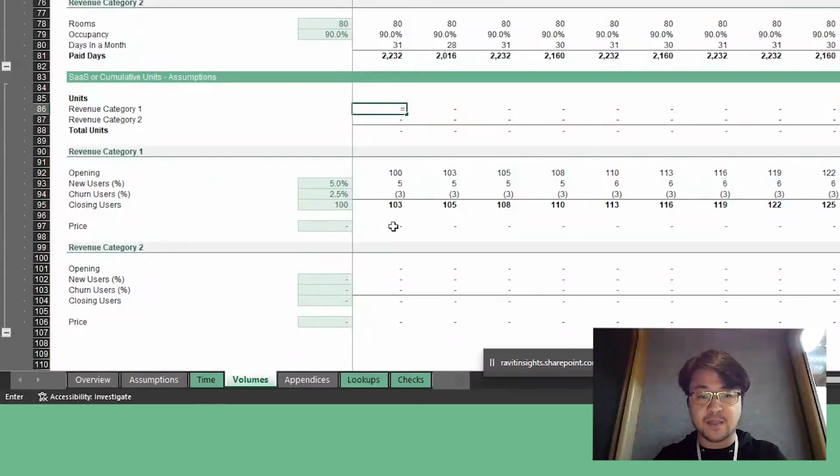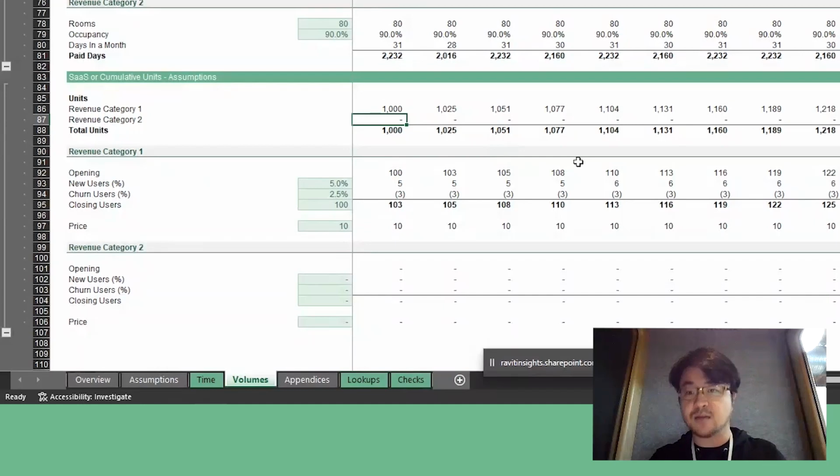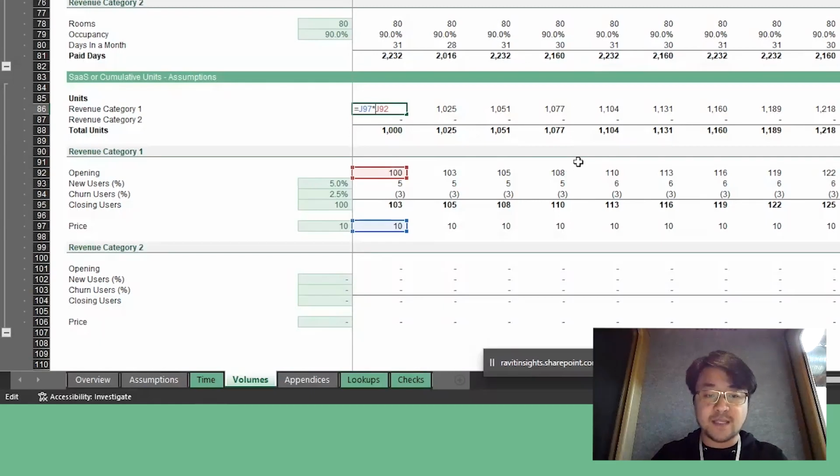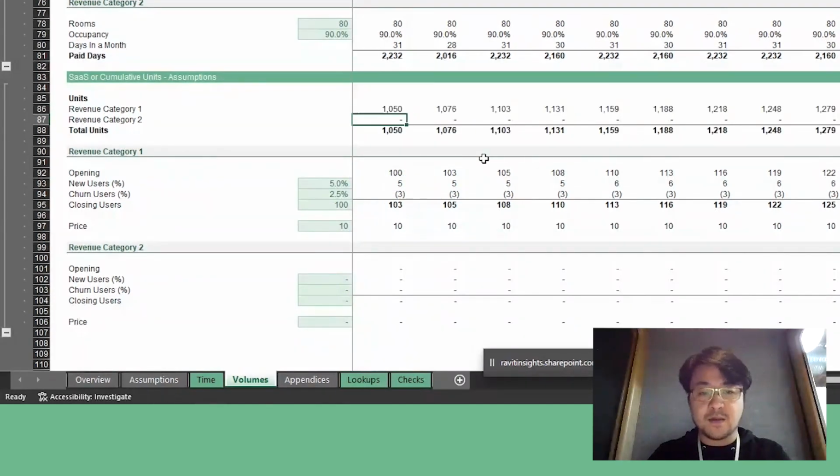Now, this is where it's important. If our price per unit here is $10, I haven't finished the formula, but if we just look at the opening balance, we've got 1,000, and you can see the revenue adapt based on that. If we also need to include the new users, we also can. And that quickly changes the numbers.